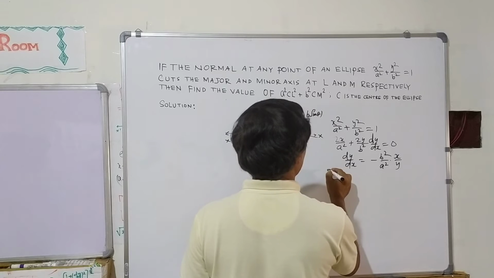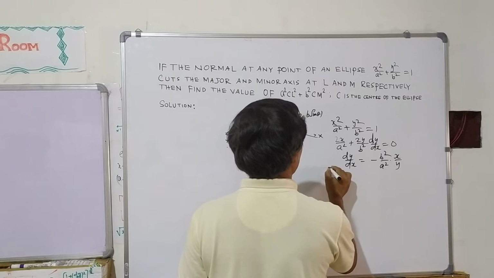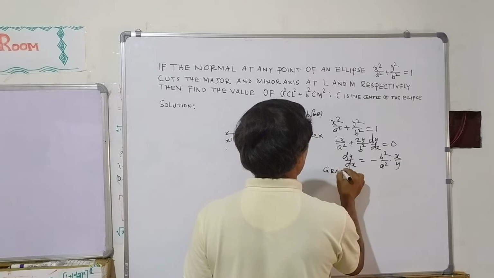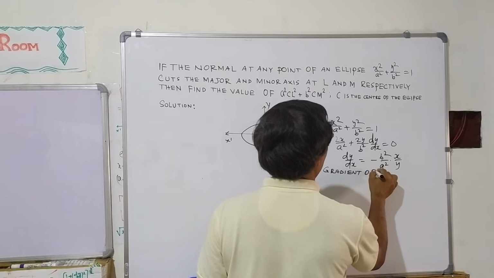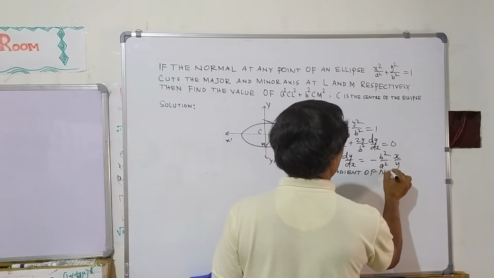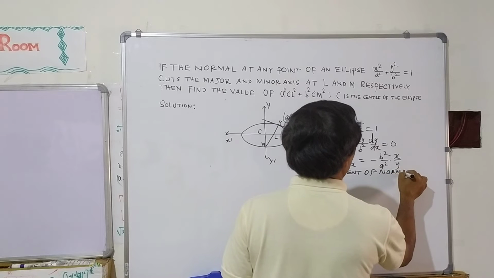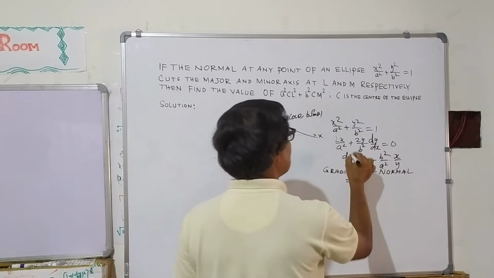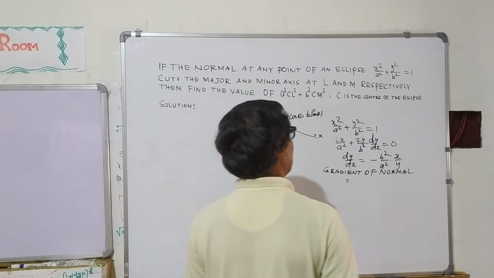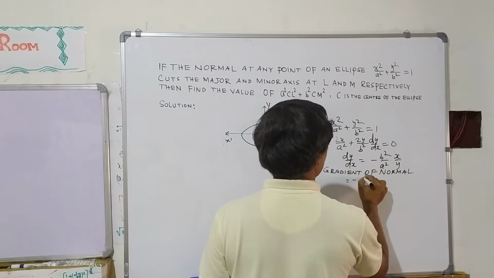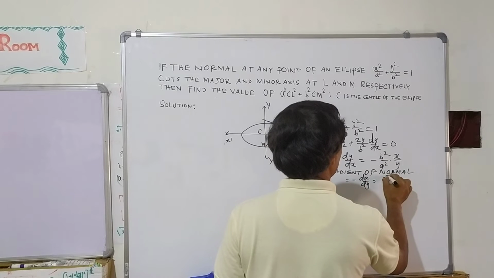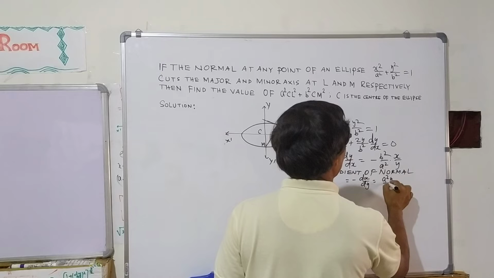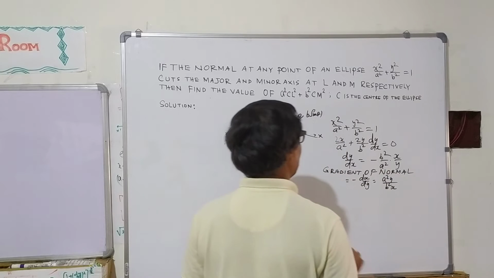So, the gradient of the normal is the negative reciprocal of the gradient of the tangent, that is minus dx/dy, equal to a square y over b square x.